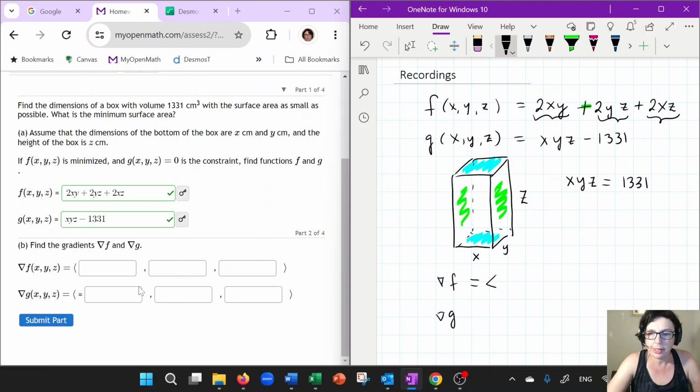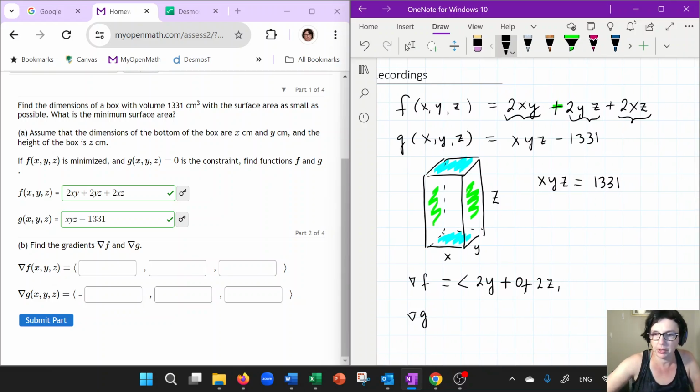For 2xy, you think of 2 and y as numbers, so we keep them, like a constant multiple. Plus 2yz with respect to x is 0 because there is no x. And then plus 2xz with respect to x is 2z. So that's the x derivative.